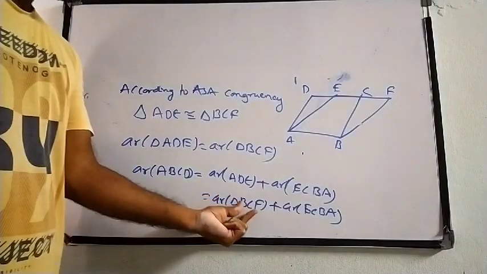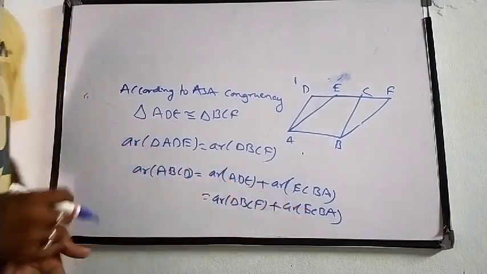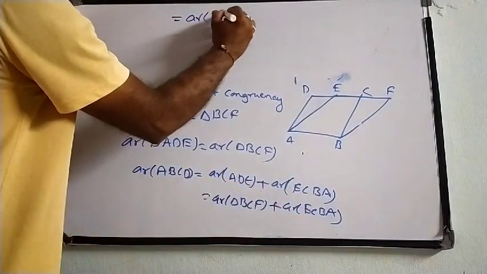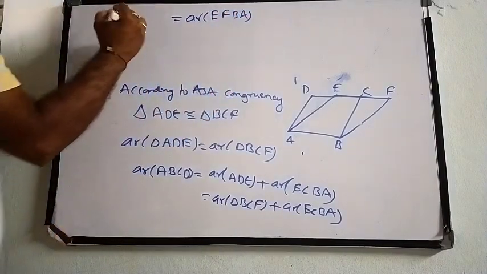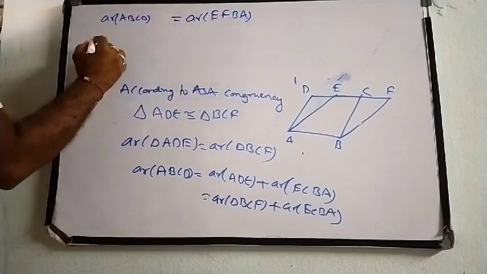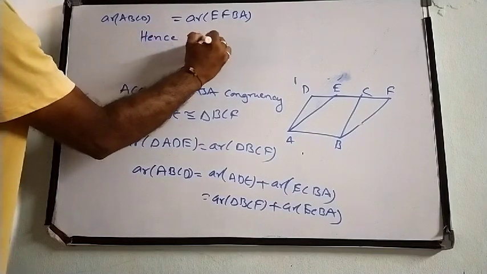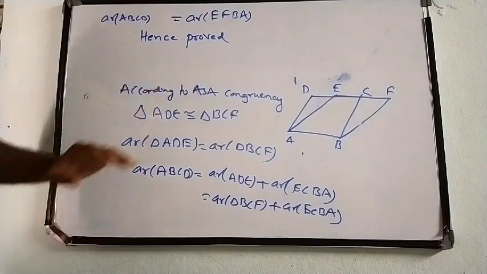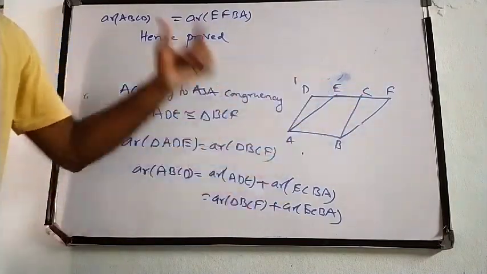If you combine this BCF and ECBA, that can be written as area of EFBA. So area of ABCD, we have proved, is equal to area of EFBA. Hence proved. So this is the theorem statement: if two parallelograms are on the same base and between the same parallel lines, then their areas are equal.